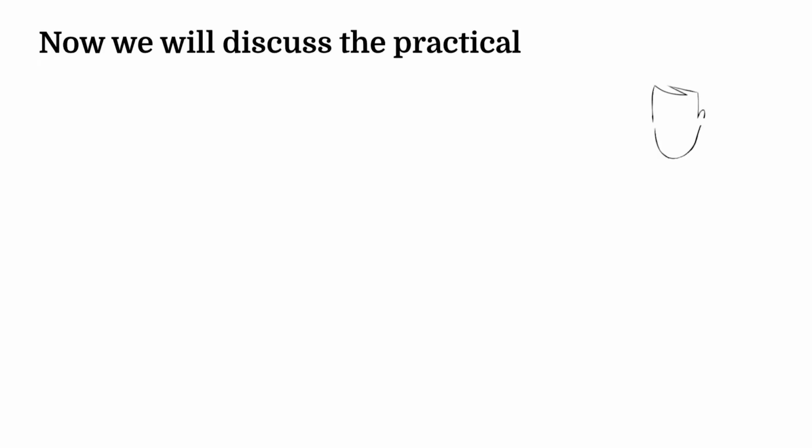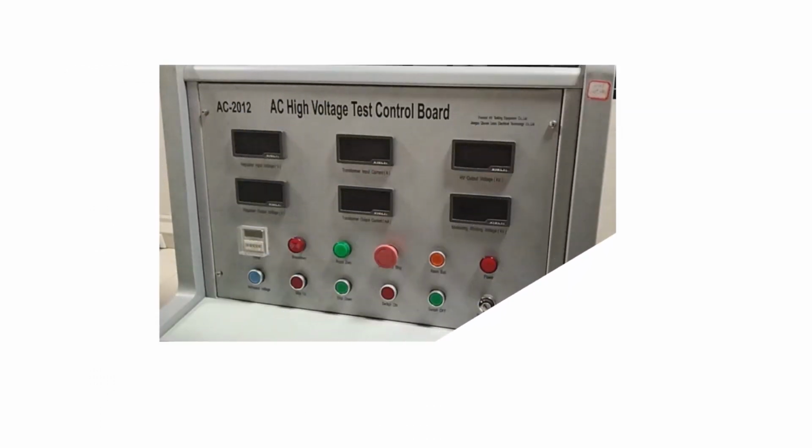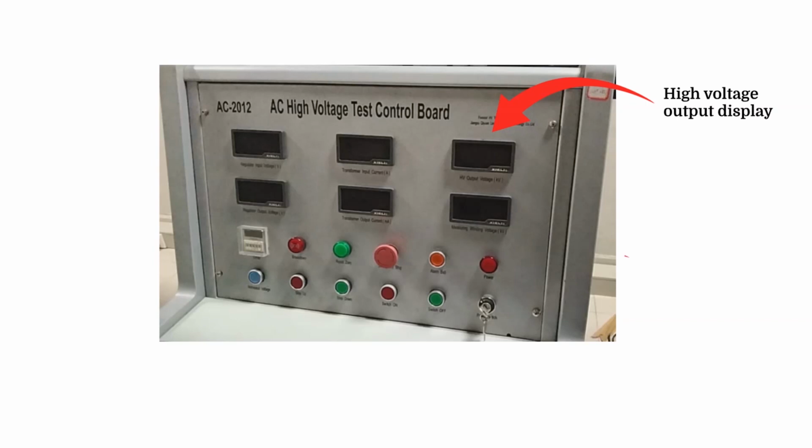Now that we have discussed the theory, let's move on to the practical. This is a figure of the control panel. Here we have the high voltage output display, the panel power on lock, on and off push buttons, and step up and step down push buttons.